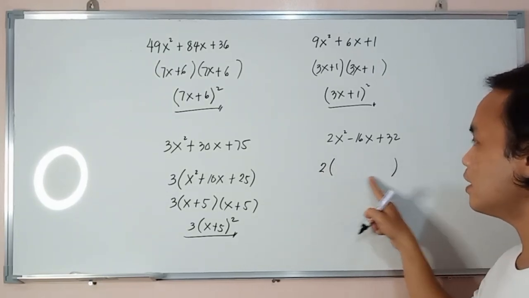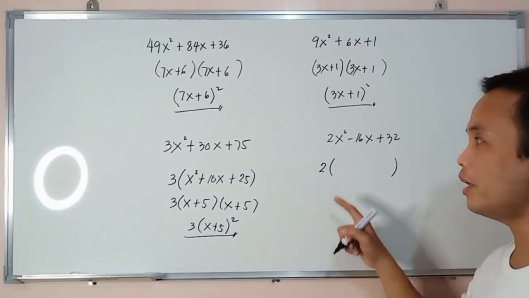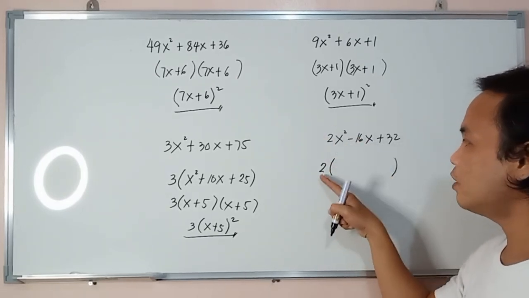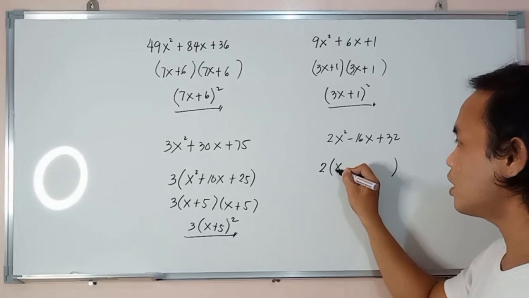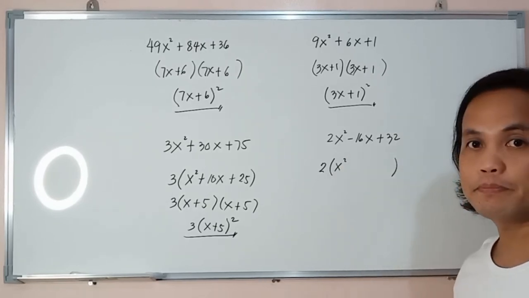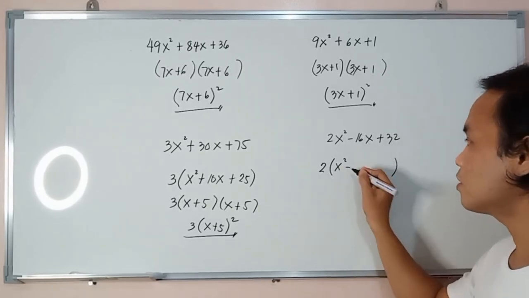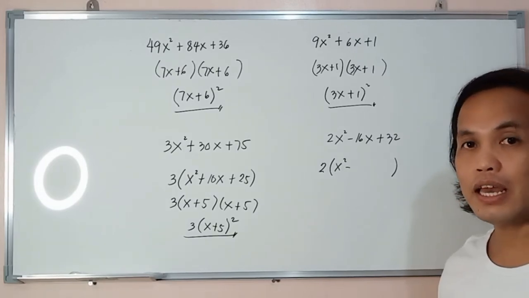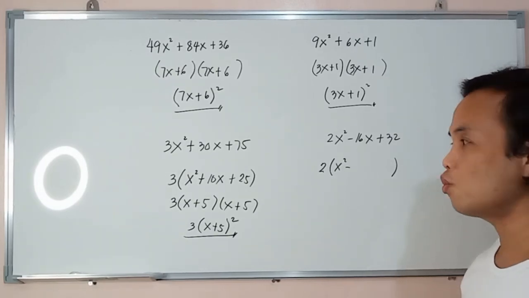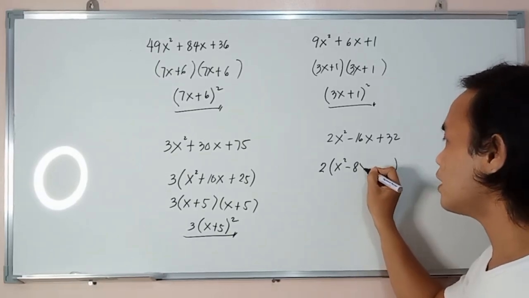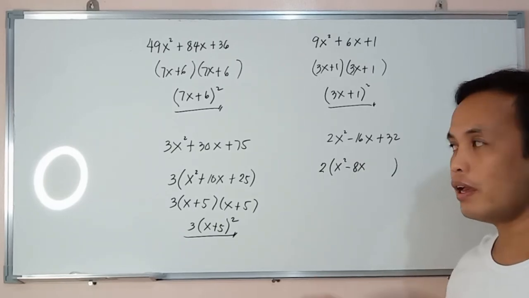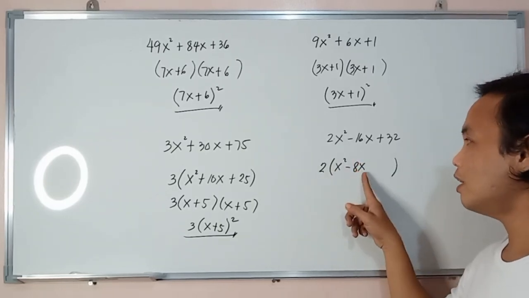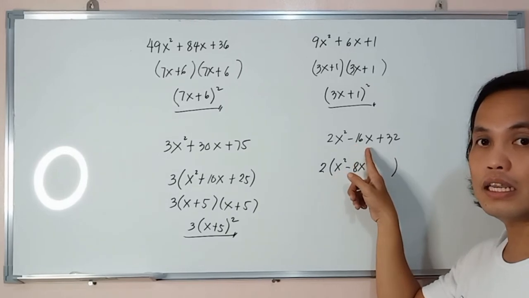So what remains inside the parentheses, from 2x squared, since we factored out the 2, shall be x squared. We copy minus. Then we have here 16x. We factored out the 2, so what remains shall be 8x, because 2 times 8x will give us 16x.